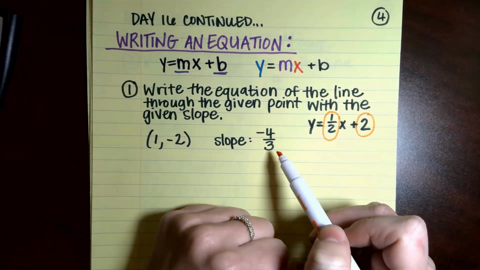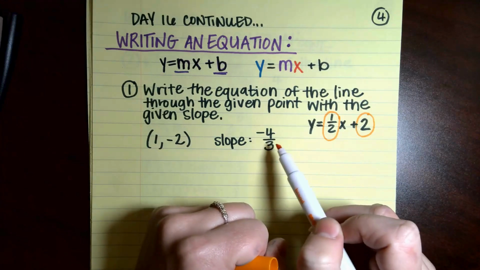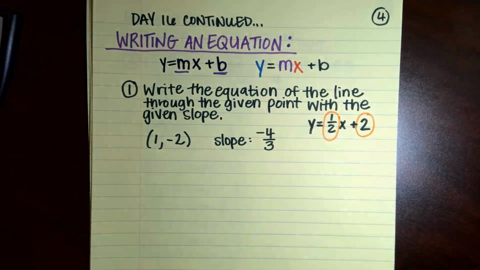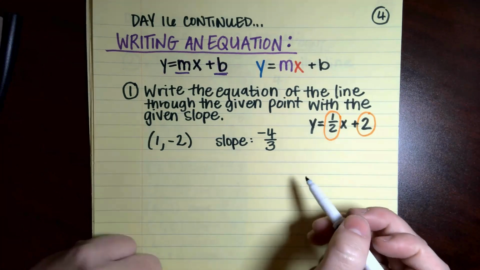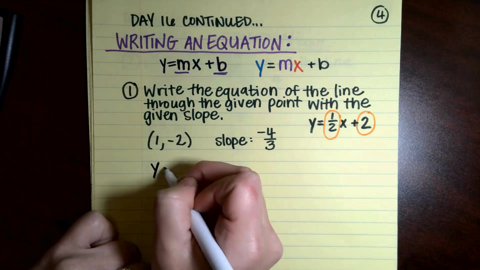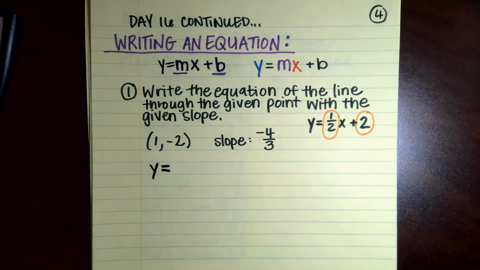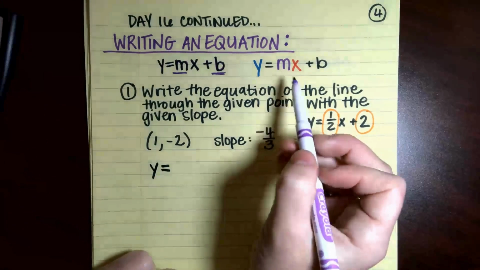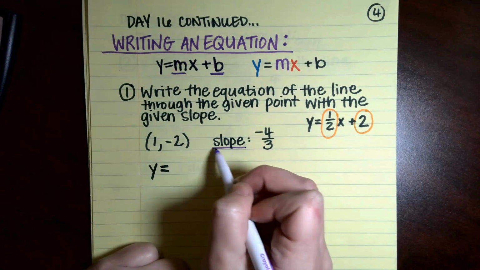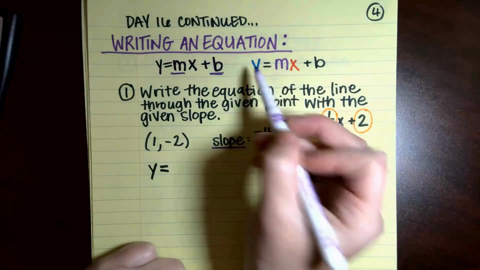Now, if you look at this problem, they already gave us m. They gave us the slope. It's -4 over 3. So here's what we're going to do. We are going to go ahead and put that slope into our equation. And if we're color coding, I always like to use purple for slope. I don't know why, it's just what I do. Just like how I use red for x and blue for y.